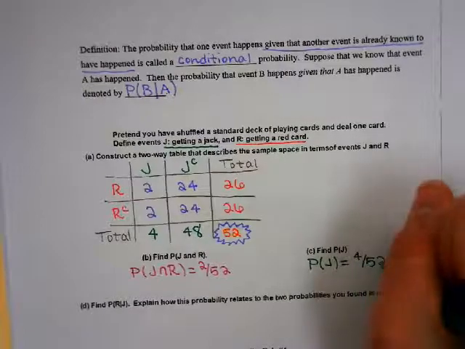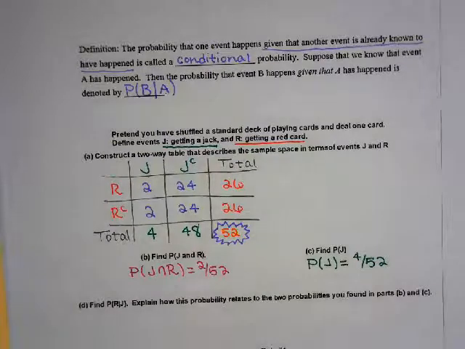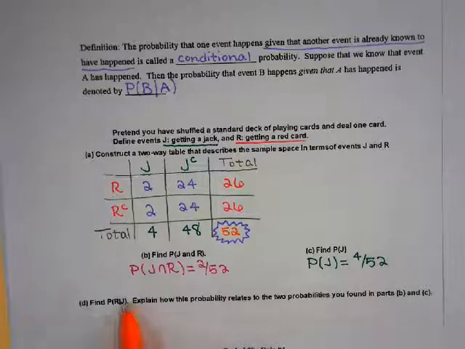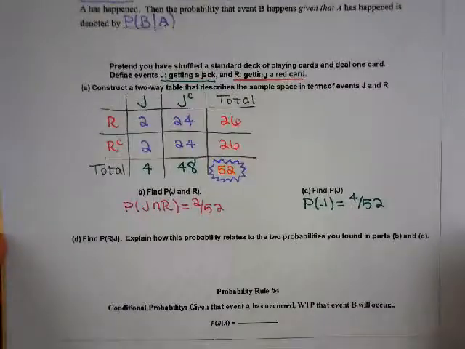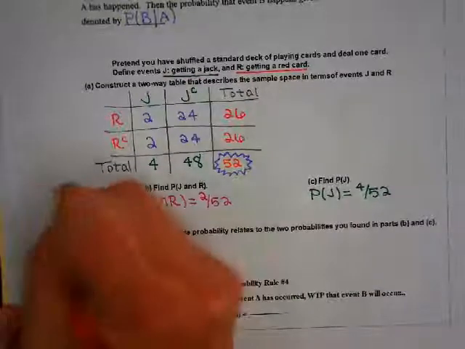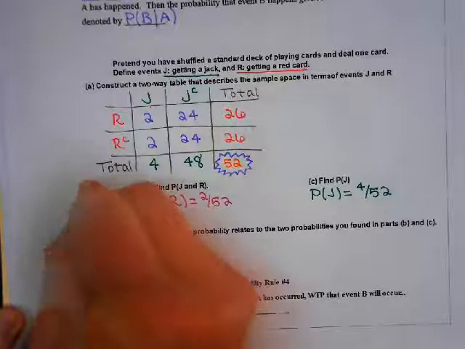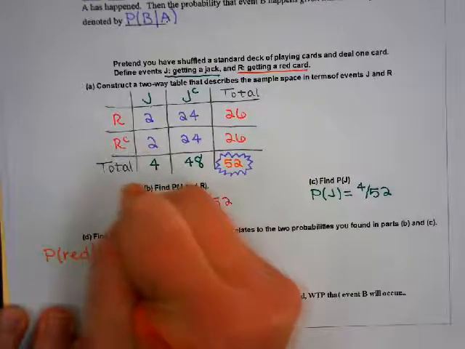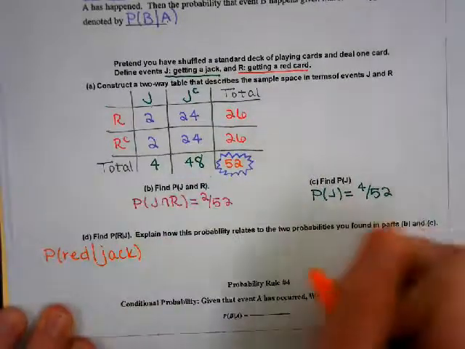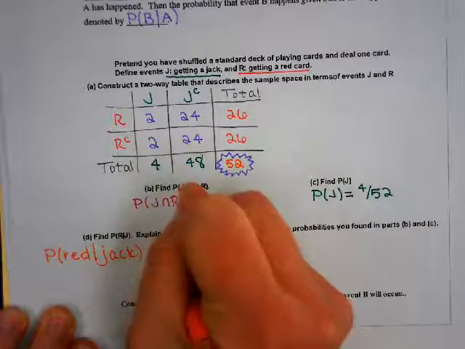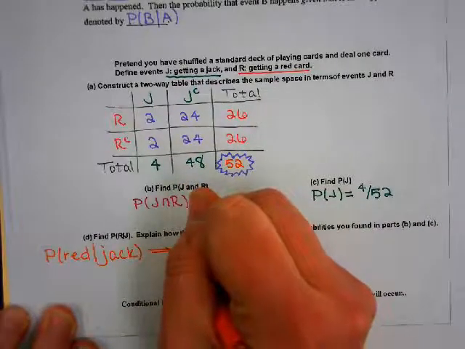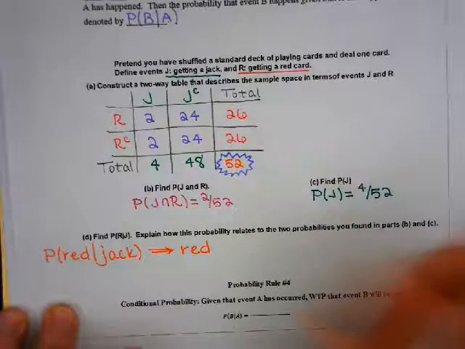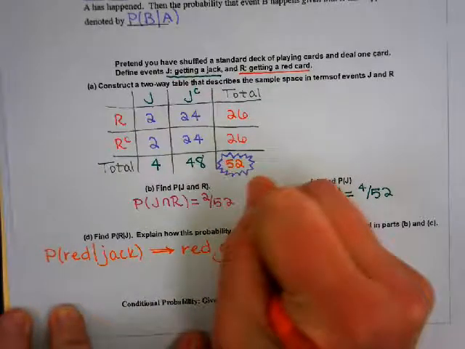So now we're going to find the probability that the card is red, and we know that it's a jack. So probability that it is red, and I'm going to write it out in words because that's the first time we've seen it: given it's a jack.